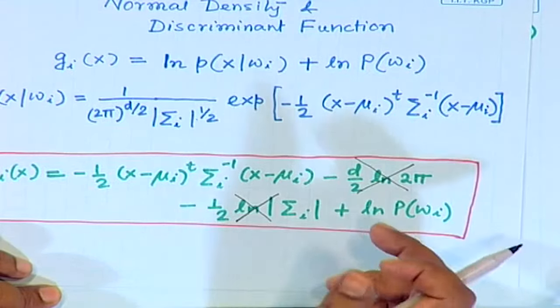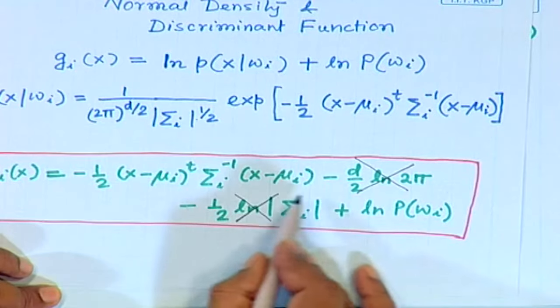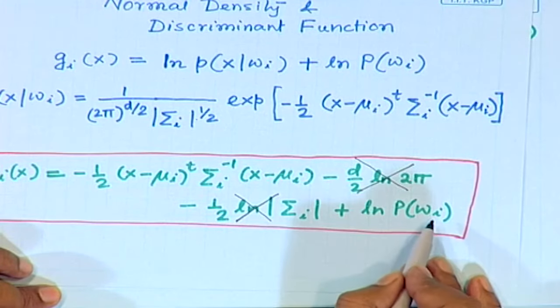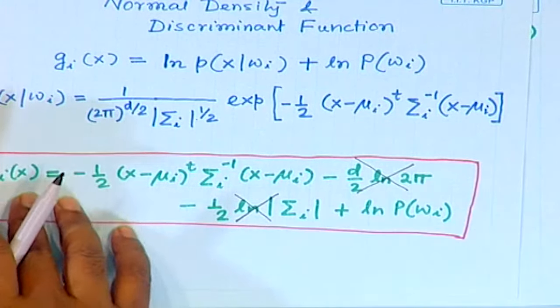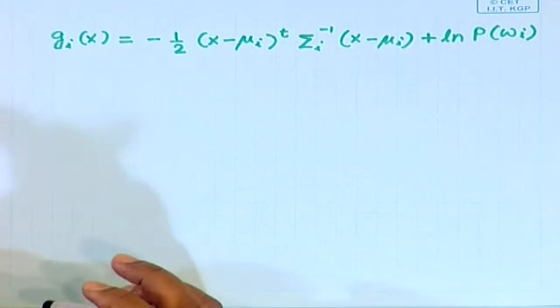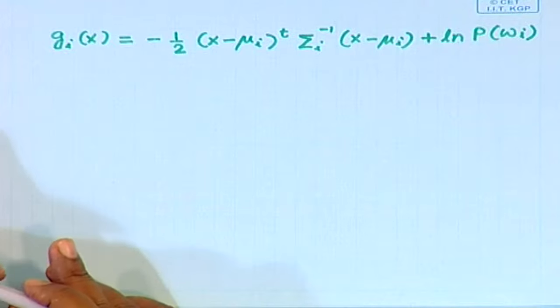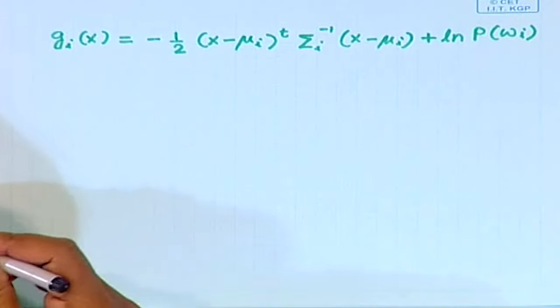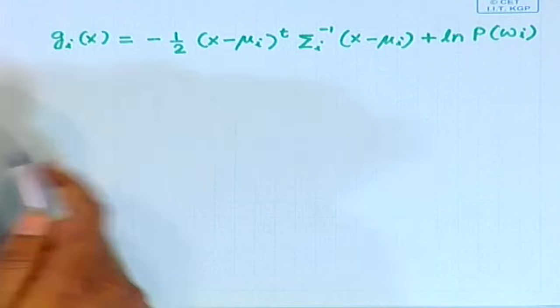So what will discriminate among the classes is the first term and the last term. So we have this simplified discriminant function expression when Σ_i is equal to σ² into the identity matrix I.